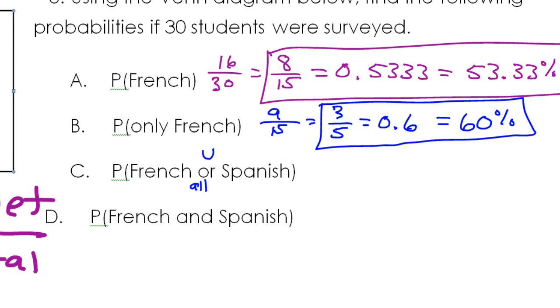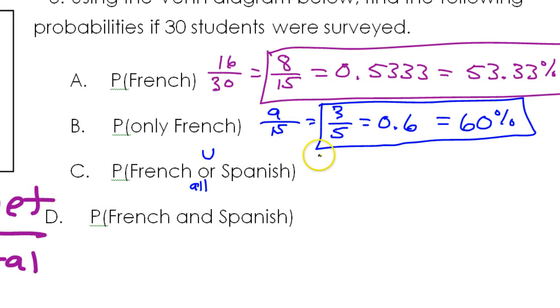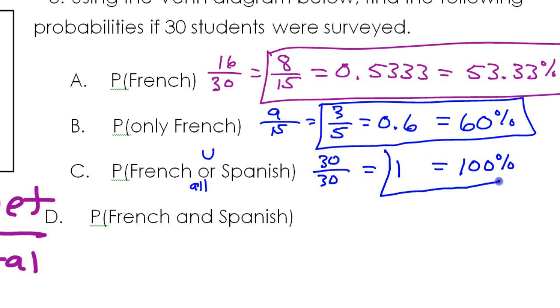So the probability of French or Spanish, the target is all of them. That's 30. So target over total, that's 30 over 30. That equals 1, which as a percent is 100%. There is no fraction really, because this reduces down to just 1.